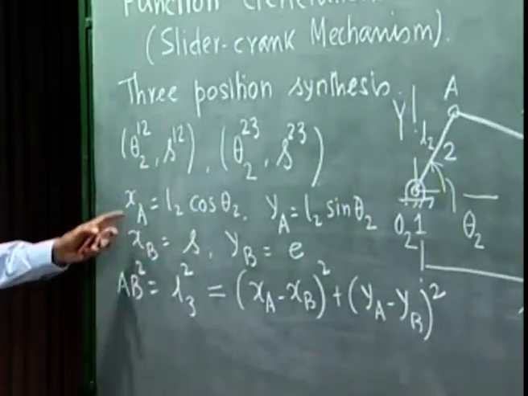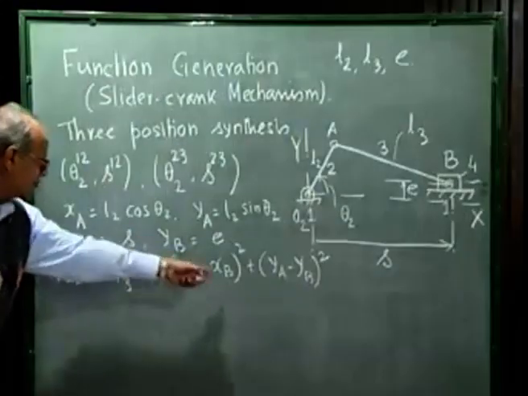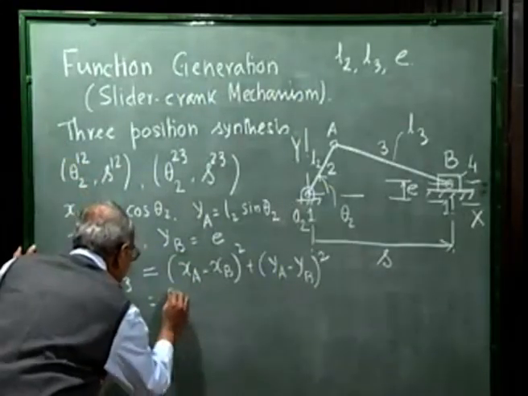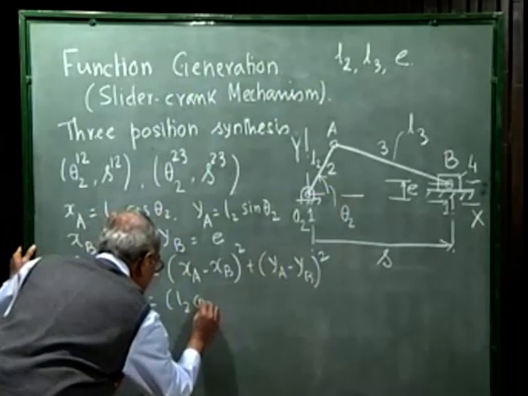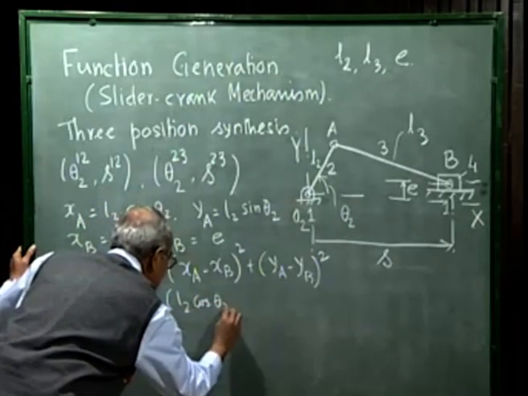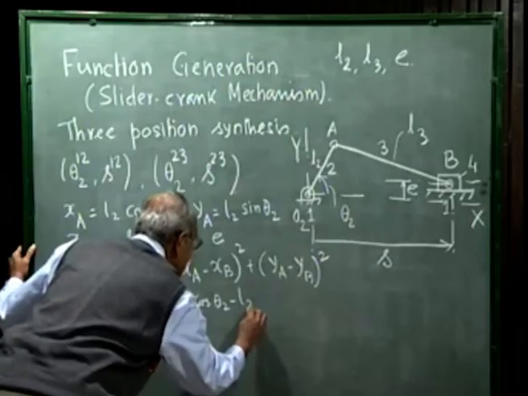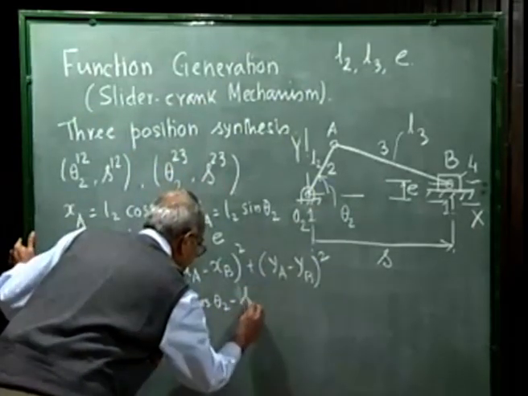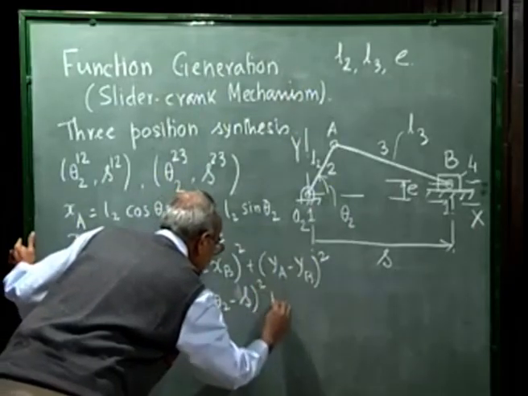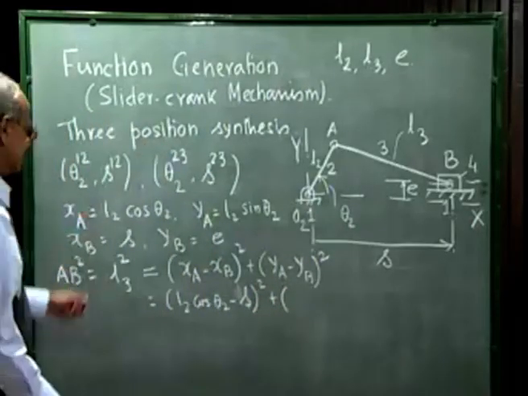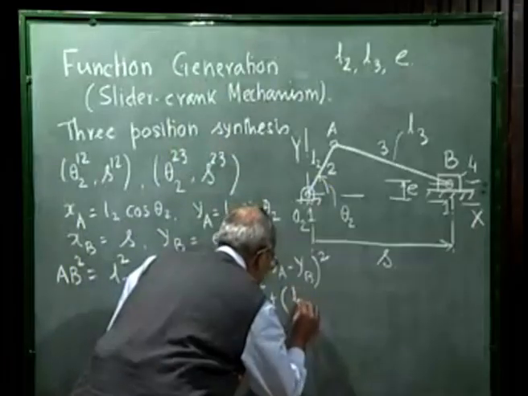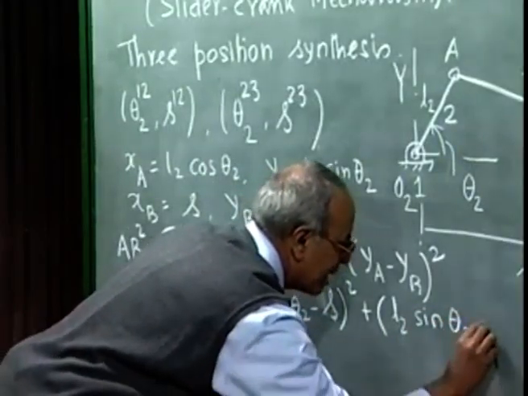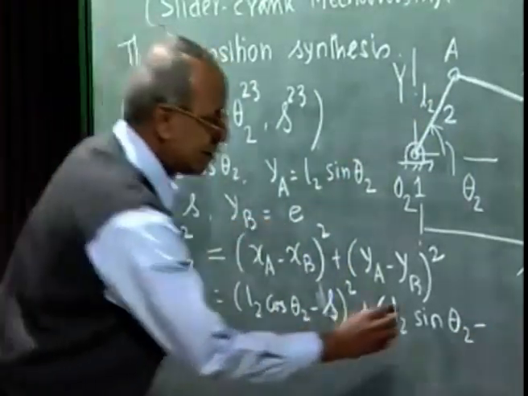Substituting for these coordinates XA, YA and XB, YB in this equation, we get L2 cosine theta 2 minus XB, which is S, whole squared plus YA, which is L2 sin theta 2, minus YB, which is E, whole squared.